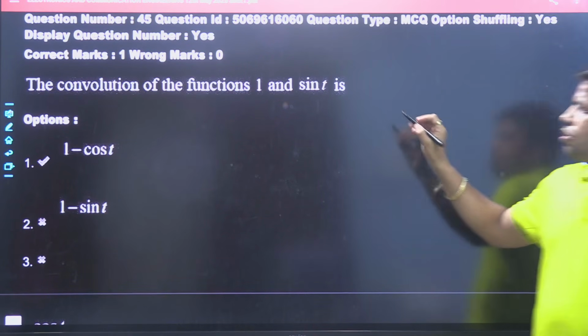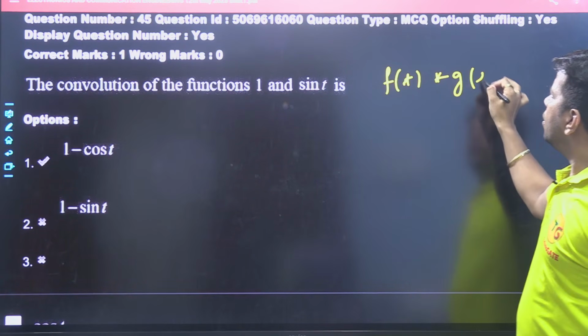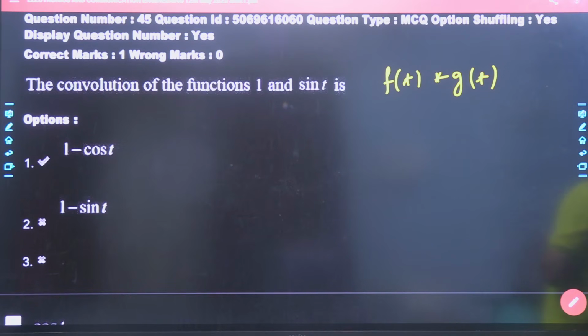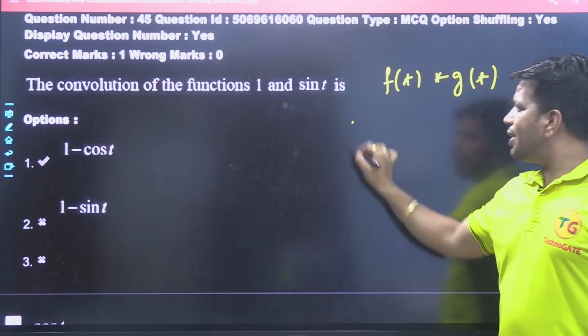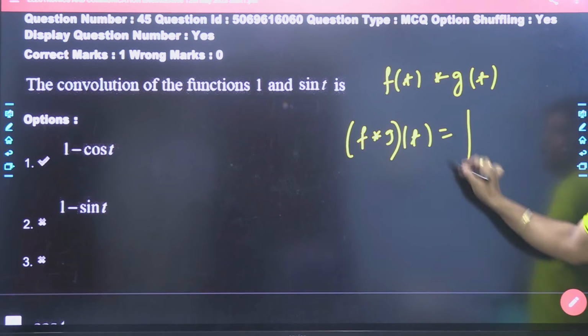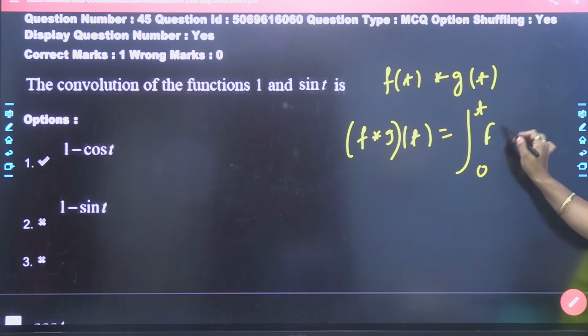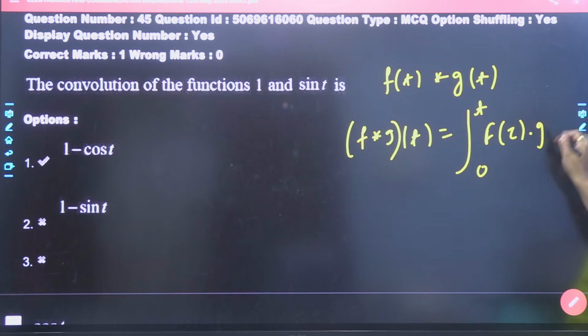There are two functions: suppose the first is f(t) and the other is g(t). Finding the convolution of these, (f*g)(t) is the integration from 0 to t of f(tau) times g(t minus tau) with respect to d tau. Got it?